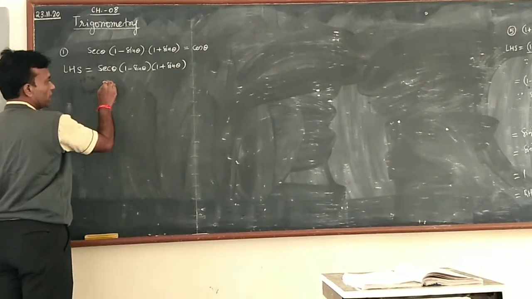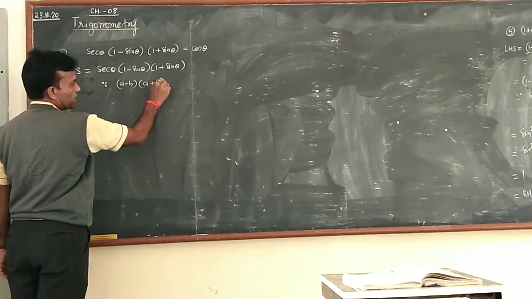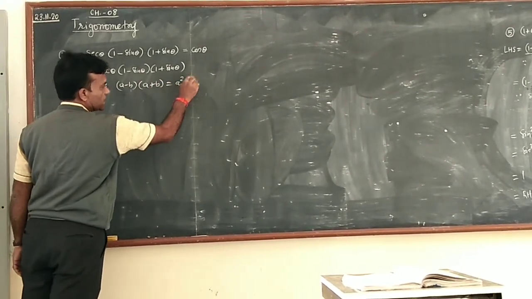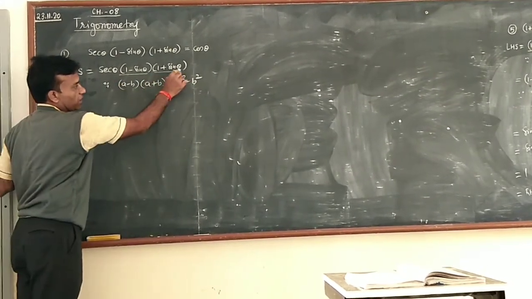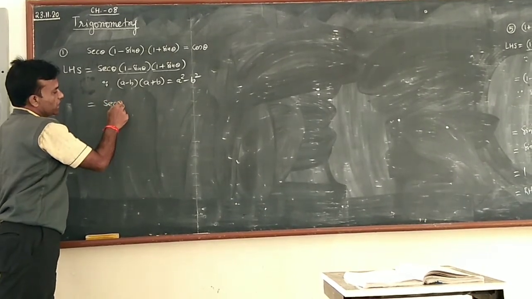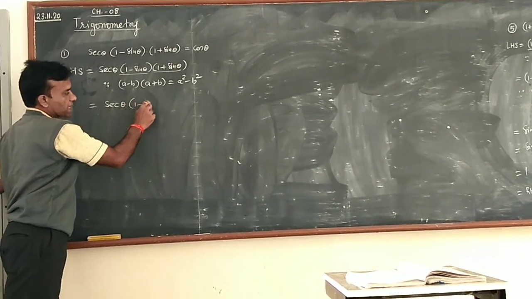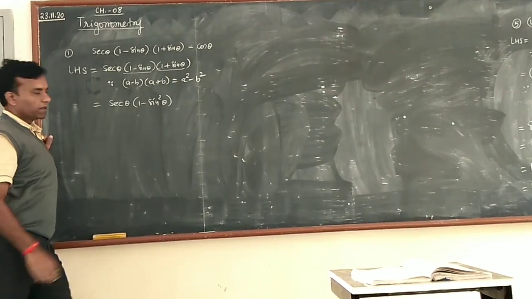Using the identity a minus b into a plus b equals a square minus b square, we have two brackets, one minus sign and one plus sign. Then it is sec theta into 1 minus sin square theta.